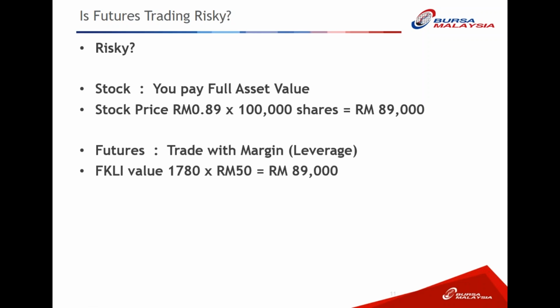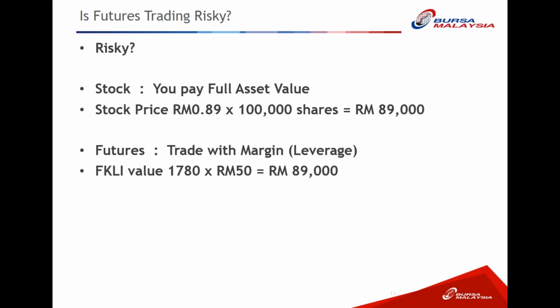Let me slightly highlight this for you. If FKLI is at, let's say, for example, 1780, the value of FKLI is that times 50 ringgit per point, which is inside the contract specification. Like CPO is 25 ringgit per point, but FKLI is 50 ringgit per point.